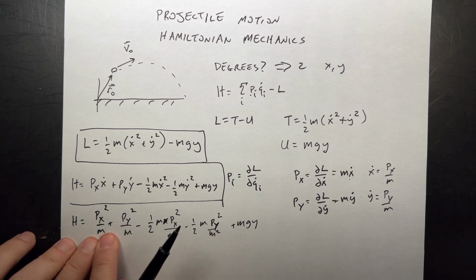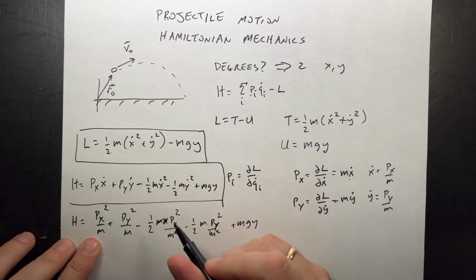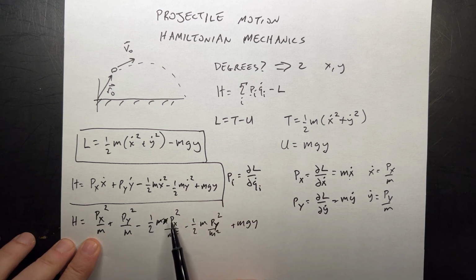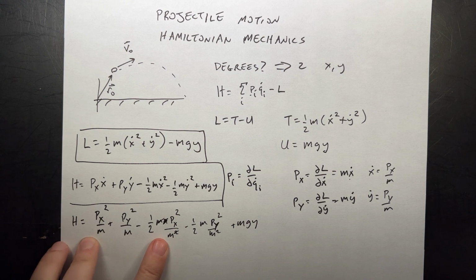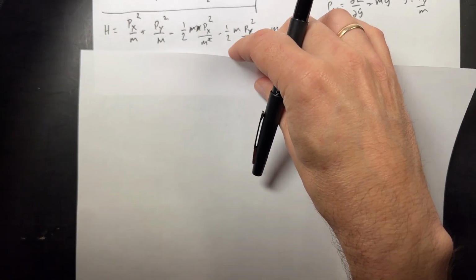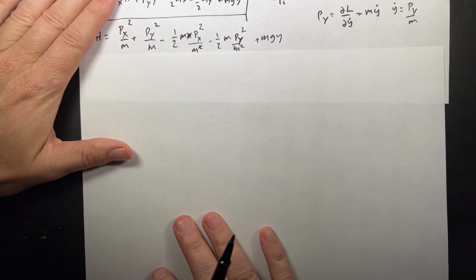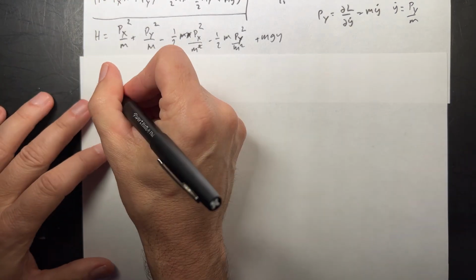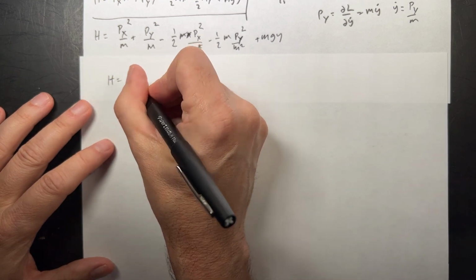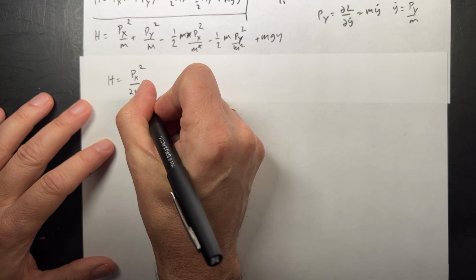Now right here I have a p_x squared over m, and this is minus p_x squared over 2m. So I can add these two terms together. Let's write that Hamiltonian. H is going to be p_x squared over 2m.